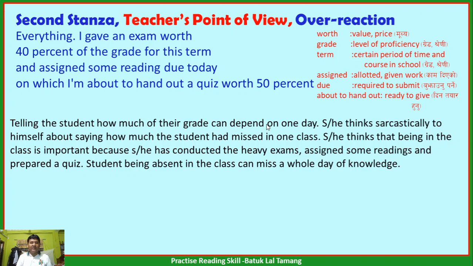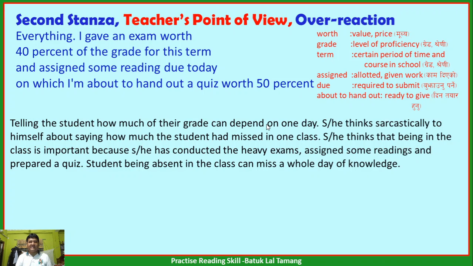Here, the tone of this stanza is overreaction because in a single period, the teacher cannot do so many things: conduct the examination worth 40% of the grade for this term, assign the reading due today, and give the quiz worth 50%.